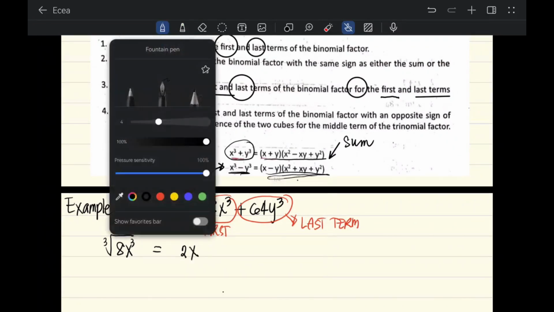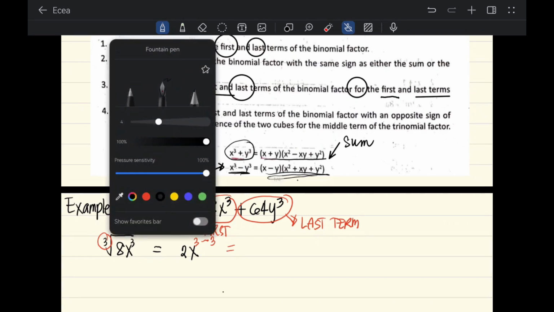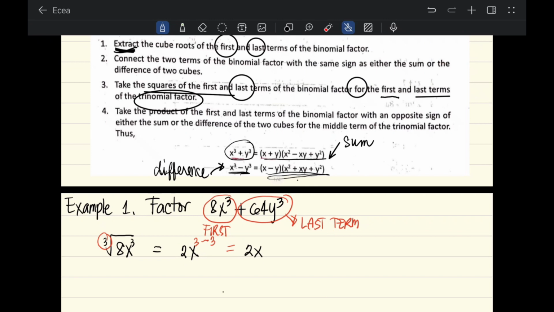The exponent is 3 divided by the 3 here. So that becomes 2x. Now, this is the cube root of the first term.